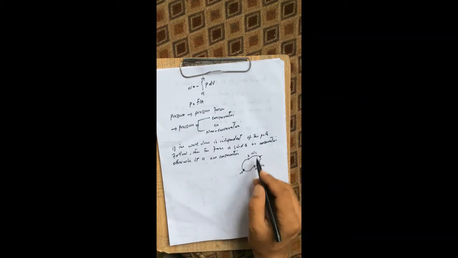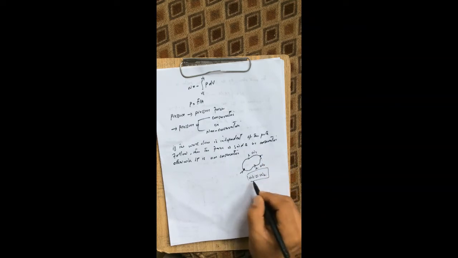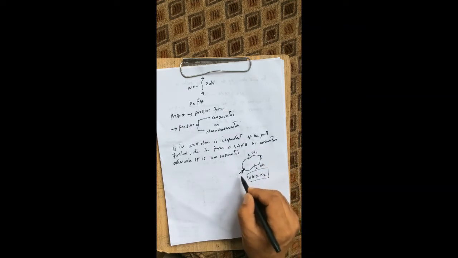If the work done along path 1 is equal to the work done along path 2, then the force applied here is said to be conservative.